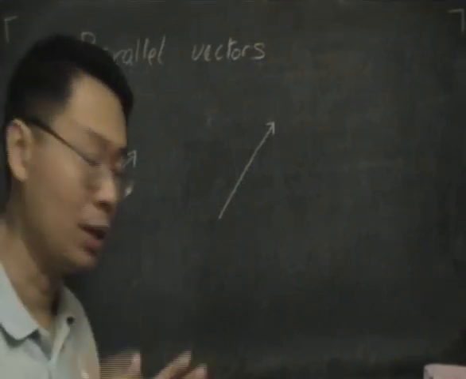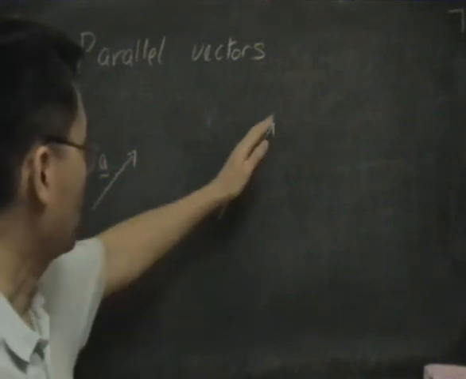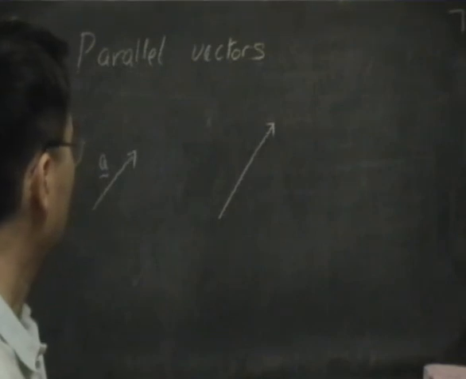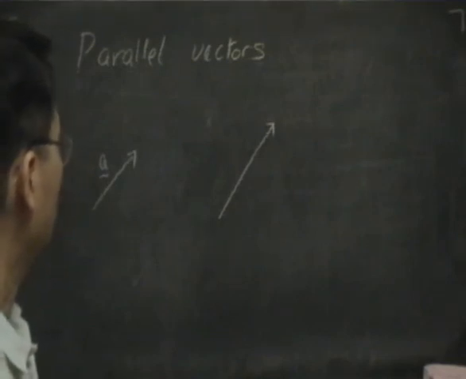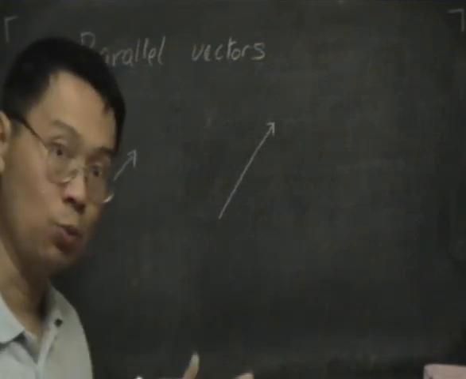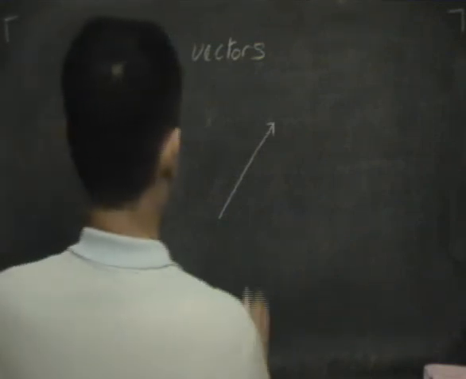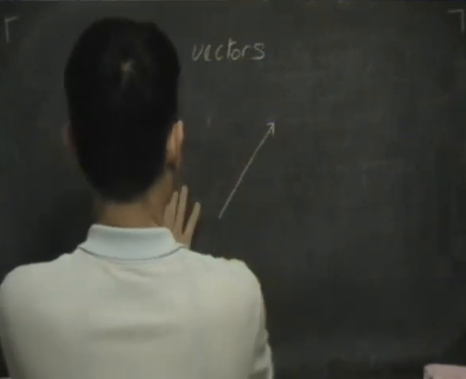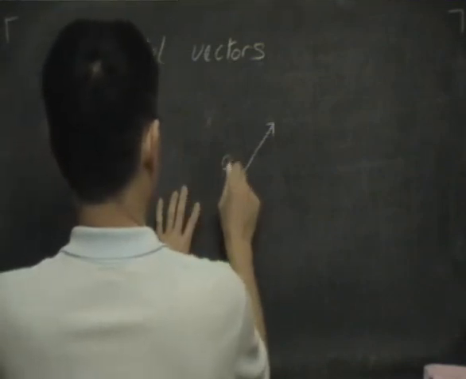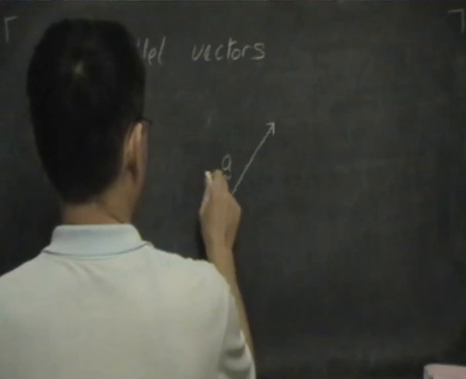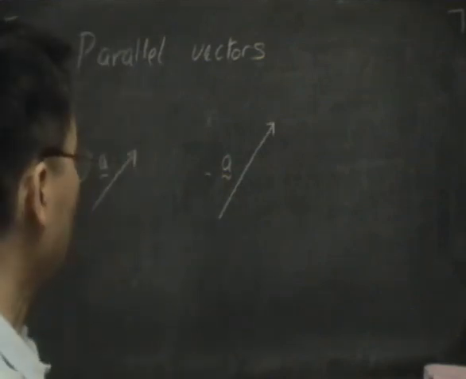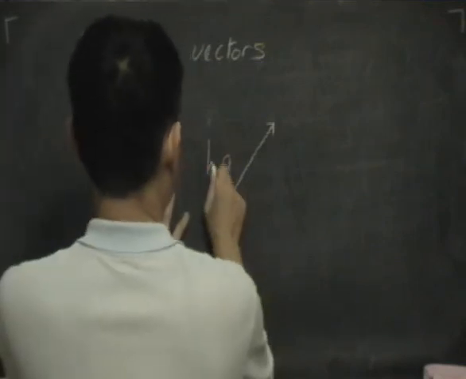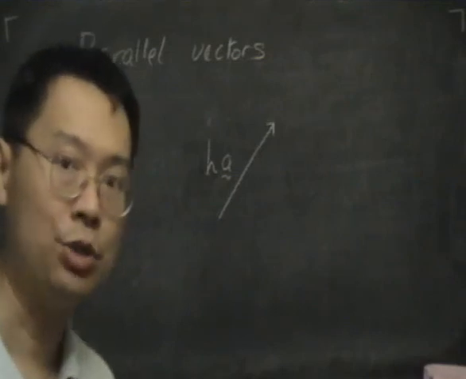Now let us start by looking at two vectors that are parallel or that are in the same direction. So if they are in the same direction, from what we have just learned, we know that it must be possible to think about this longer vector as a number times A. Okay, some number times A. Now, let's say I don't know what that number is, I can call it H, as in algebra.